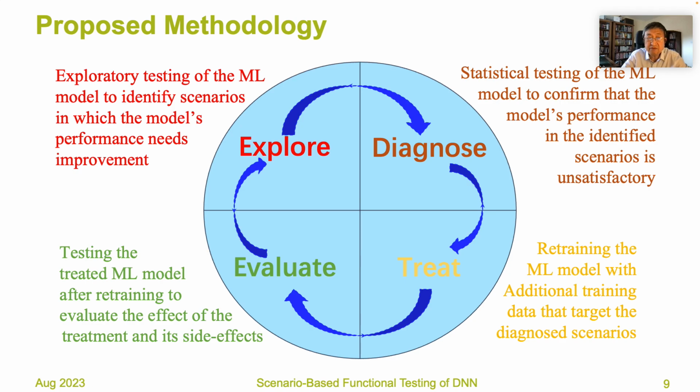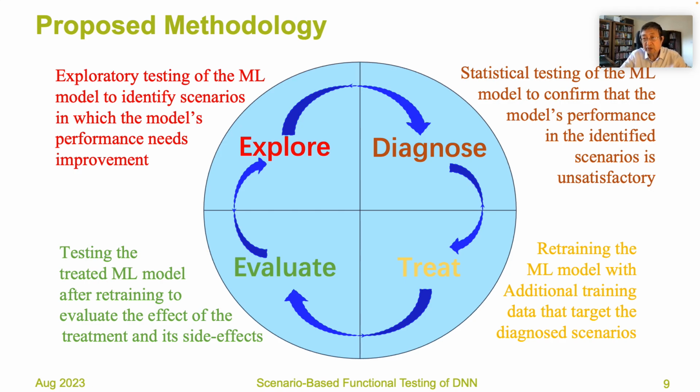Once we identify these kinds of scenarios, which we call the suspected weak scenarios, then we perform further statistical testing of the machine learning model to confirm that the model's performance is indeed weak in that scenario.